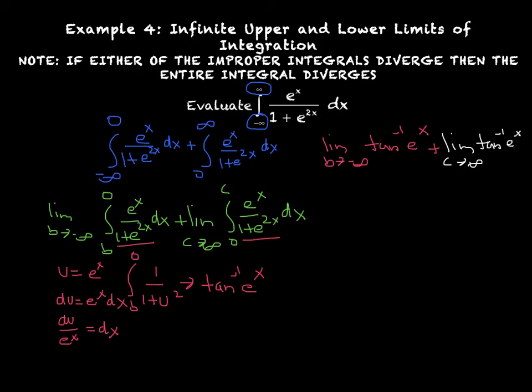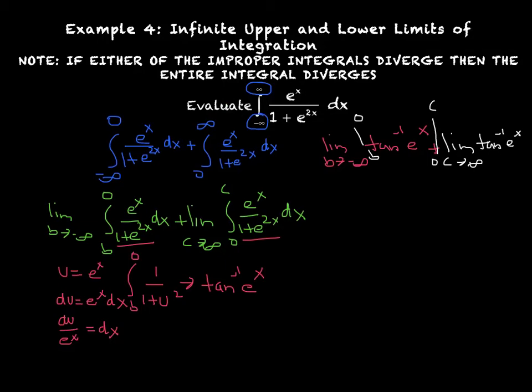All right, now is where the fun comes in. Now we got to plug all these numbers in, and we're going to integrate. So we're integrating from 0 to b, and this one is going to be from 0 to c. All right, so we're going to plug in our 0 into inverse tangent of e to the x.